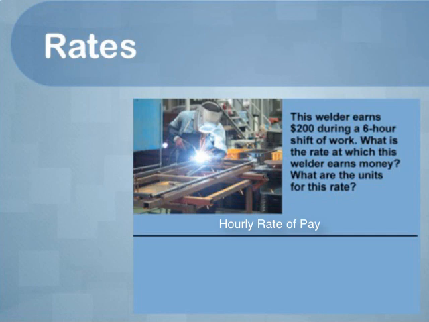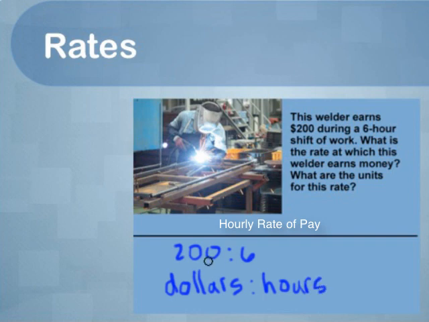The ratio is 200 to 6, and it represents dollars to hours. The ratio 200 to 6 simplifies to 100 to 3. We can write this as a mixed number, 33 1/3 dollars per hour.